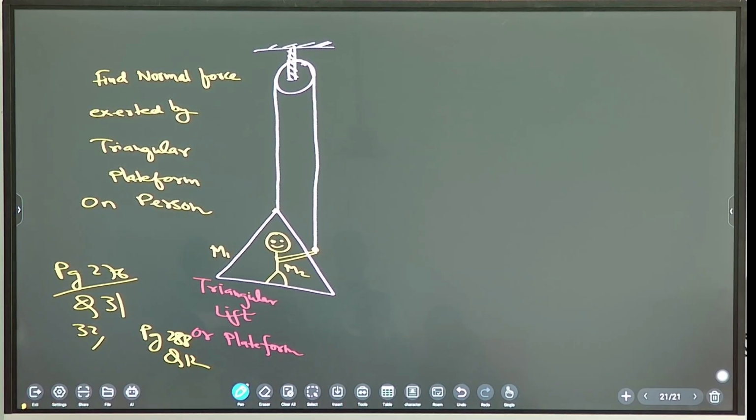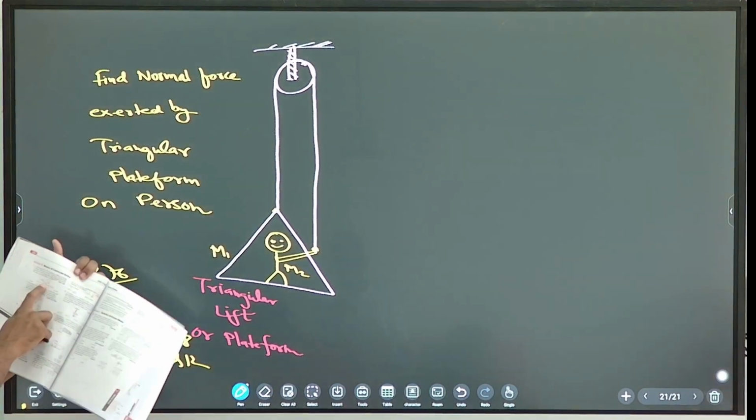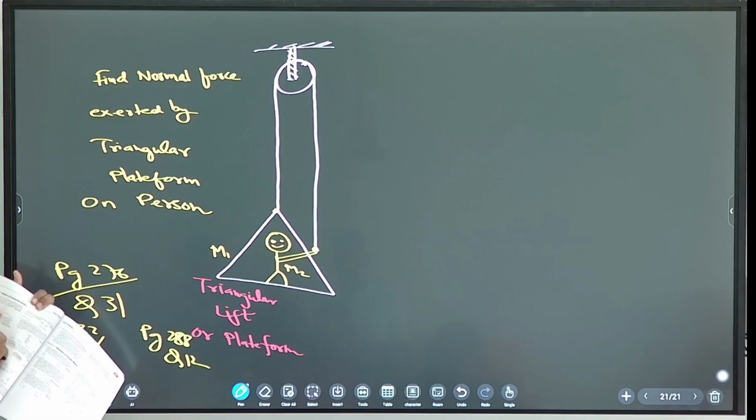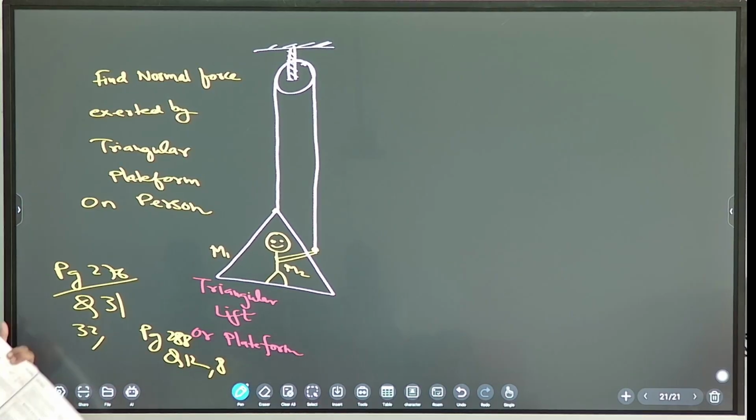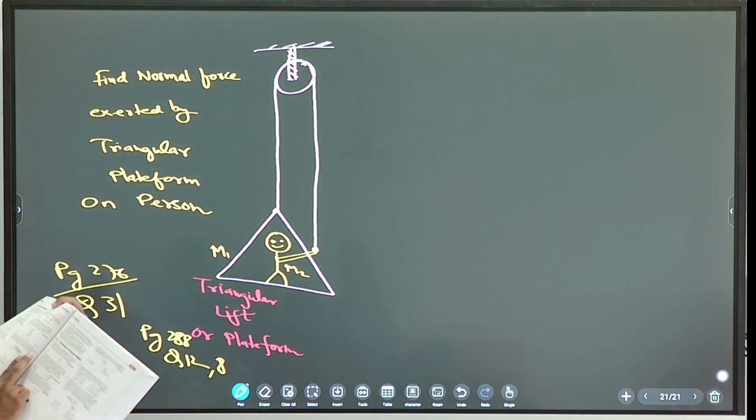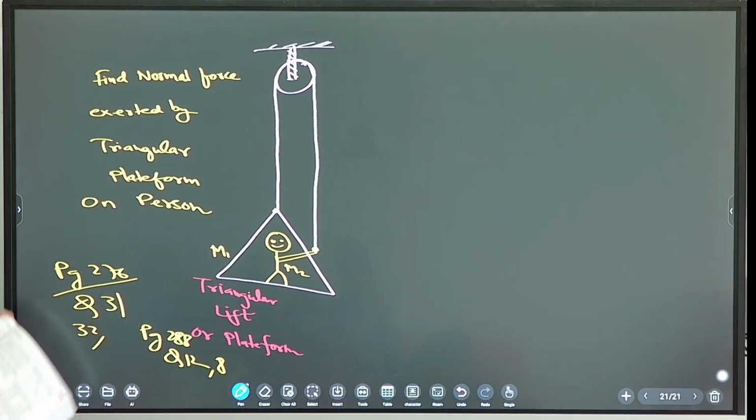Three blocks. This also, question 8. This is a 2024 question, two blocks. This is AIPMT 2015, three blocks.